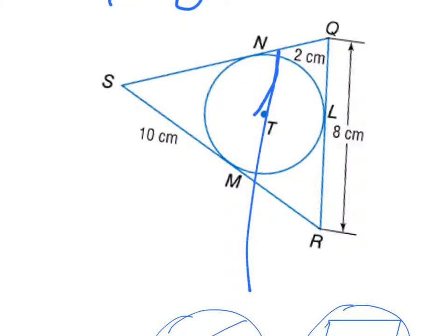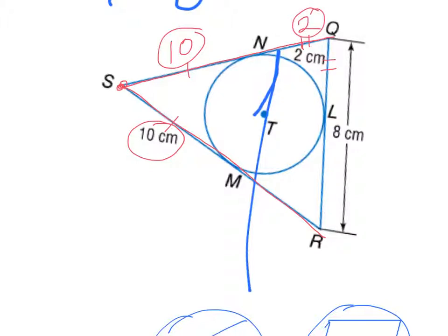Recall that we said if this is tangent, and this is tangent, and they're coming from the same point, therefore this segment is congruent to this segment. So if this segment is 10, this segment is also 10. This segment is congruent to this segment. So if we have 2 here, this side is also 2.